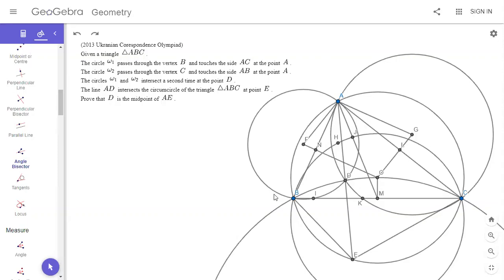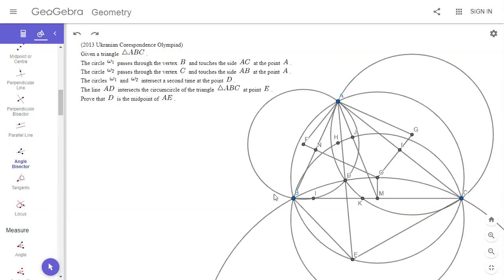Okay, I think I might have an idea here. BC over CE. It's half AE.